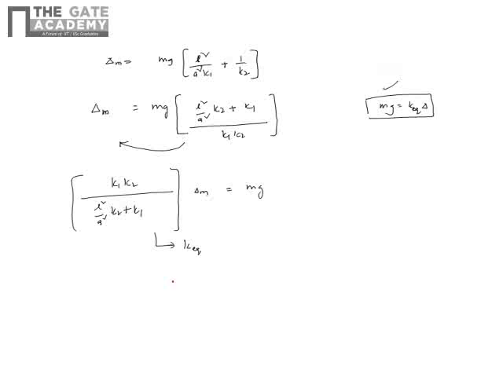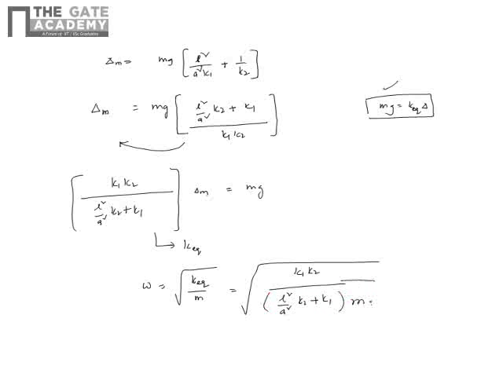So my natural frequency is equivalent stiffness by mass, which is K1 K2 by L square by A square K2 plus K1, by my mass.